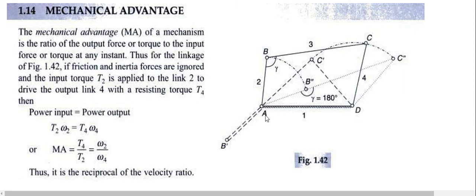Okay, A, B, C, D. Let me draw it with a bold color so you will understand better about that 4-bar mechanism. So that is the 4-bar mechanism given in the red color.